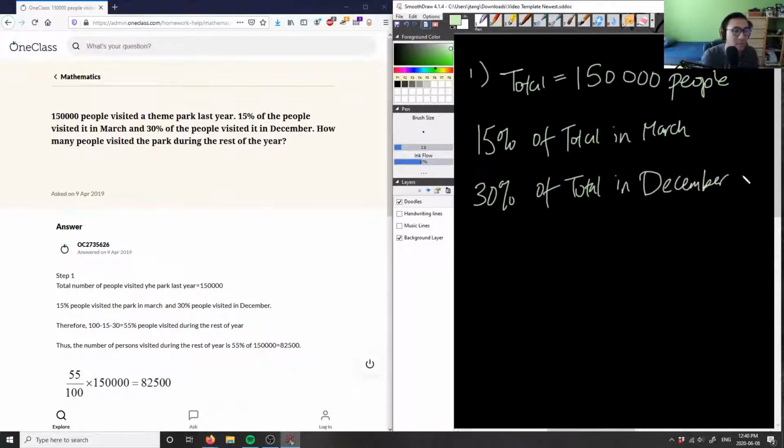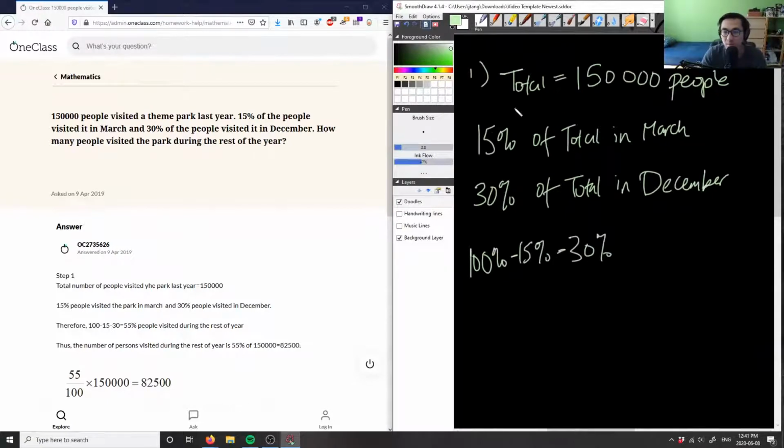So it's asking us how many people visited the park during the rest of the year. Well, I'm assuming the rest of the year is just all the months added up, with the exception of March and December. So what we can say here is we can actually add these two percentages up to get 45. We can subtract that number from 100% to get the total number of people in the rest of the months. So it's going to be 100% minus 15% minus 30%, right?